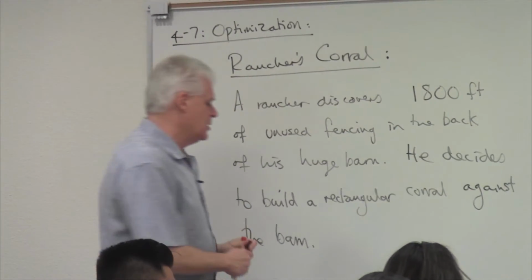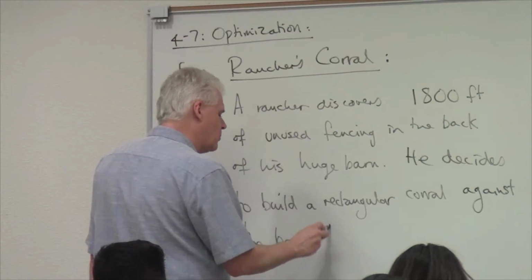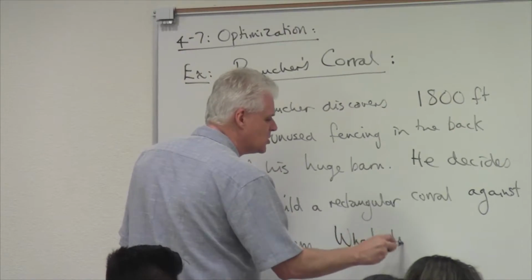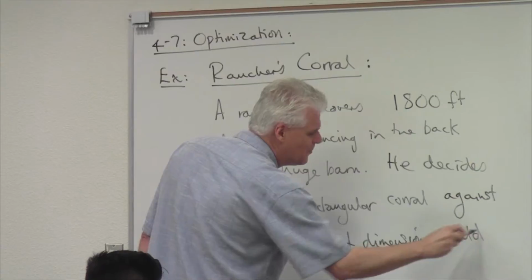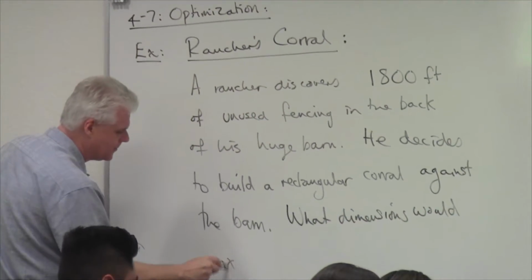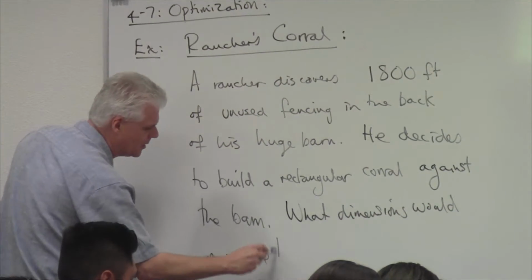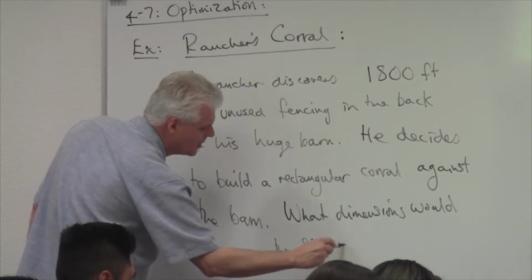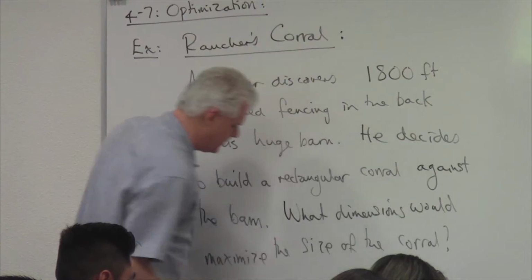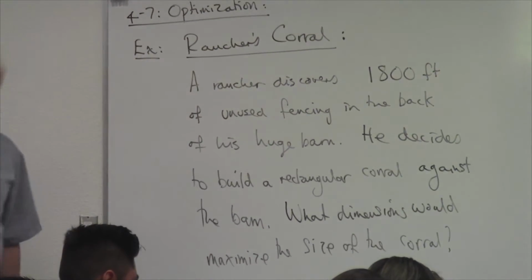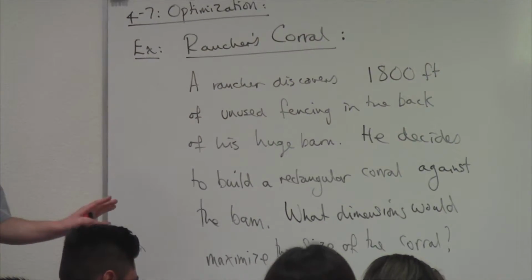Okay? So, the question is this. What dimensions would maximize the size of the corral? He wants to make it as big as he possibly can, but not spend any money.